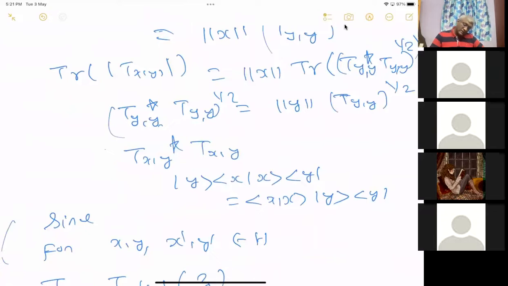Now this is, so you have to evaluate on y. You have to evaluate on y. Now this y will go away. Oh, they will take the inner product on the other side, right? Y.